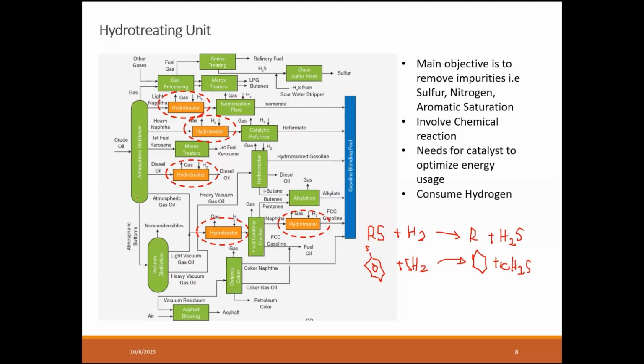For the heavier stuff, some of the refiners will have a vacuum distillation unit. So why do we need vacuum distillation? Basically, the stream going out from the bottom of the atmospheric distillation is very heavy, right? For you to properly separate it, you need very high temperature.